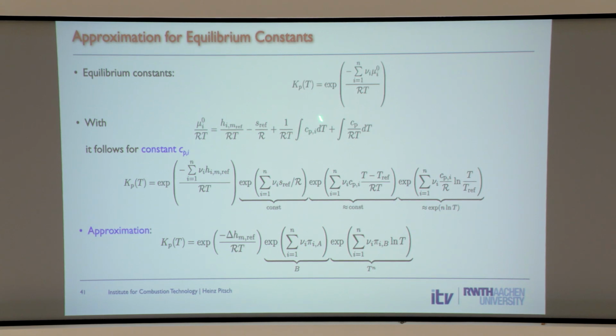And then the third term, we want to assume that Cp is constant, and then I can integrate this, and I just get T minus T reference.